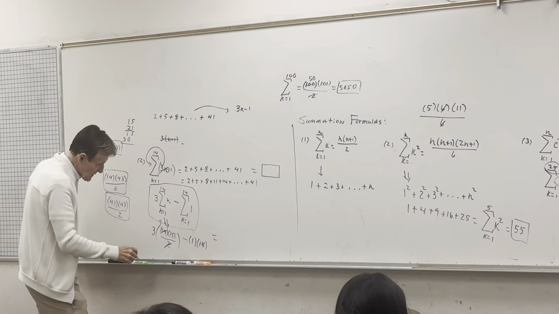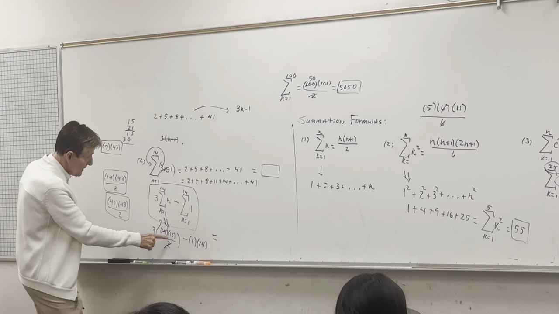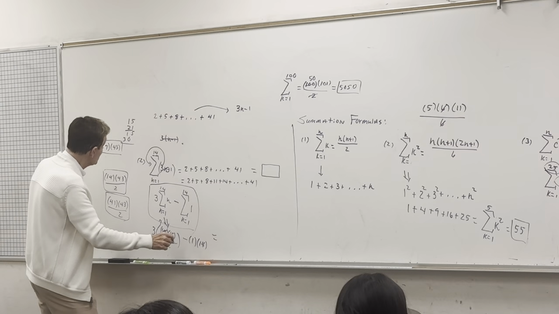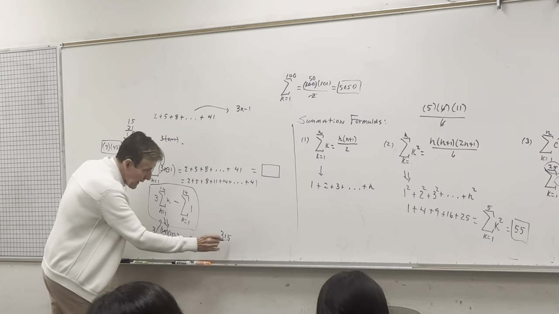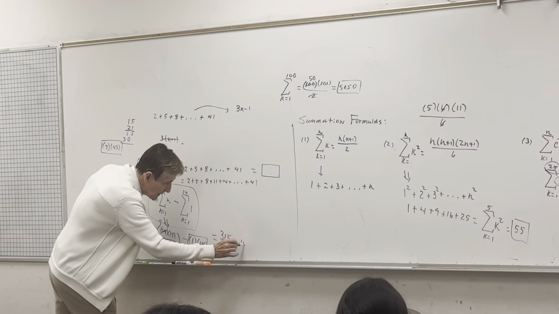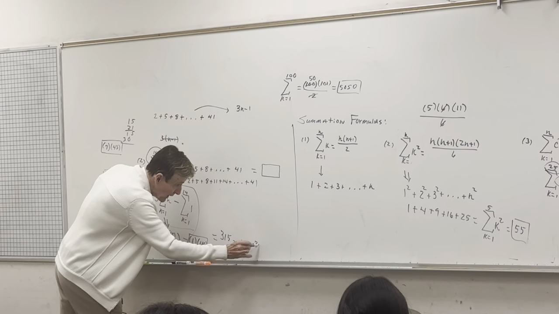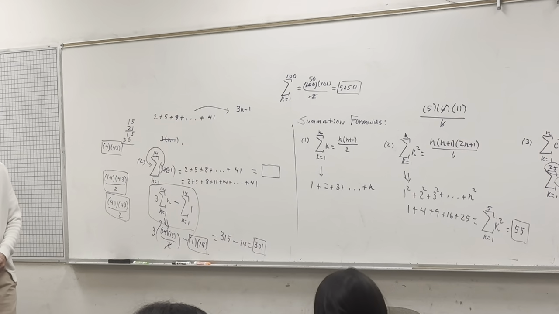Okay, 315, that's 7 times 15 times 21. And then on the end, subtract what? What's this right here? 14. Answer looks like it's 301. Yes or no?